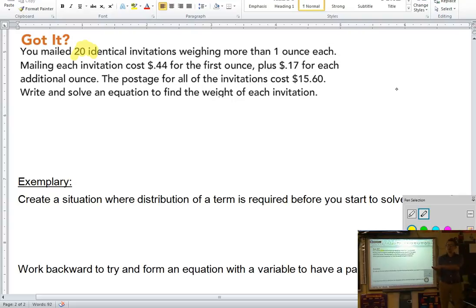Anything more than a standard envelope and card, you start to have to pay extra. So in this situation, mailing each invitation costs 44 cents for the first ounce. But we have fancy invitations, and they're heavy. So it's 17 cents for each additional ounce.